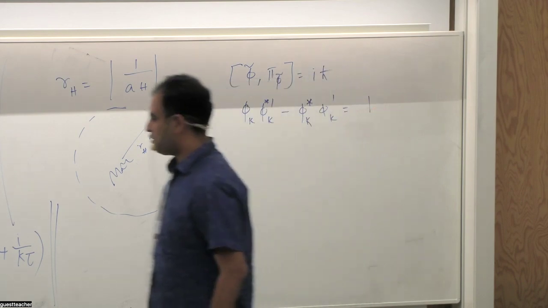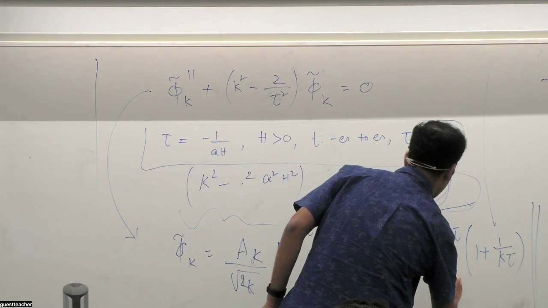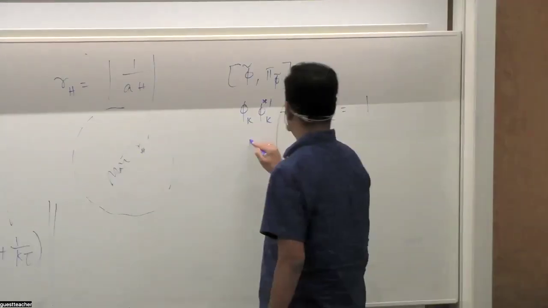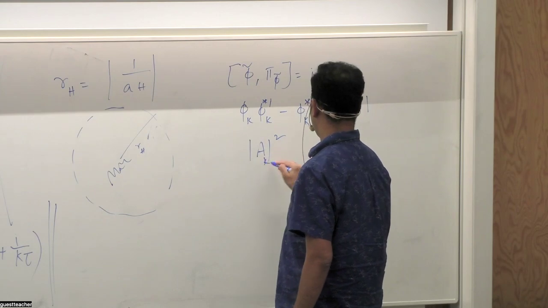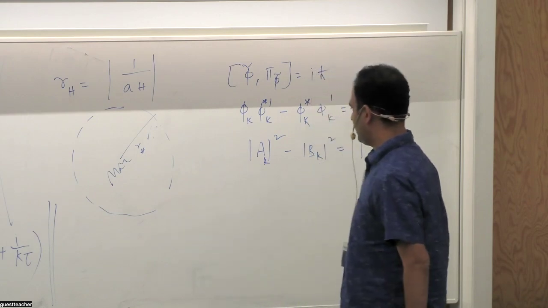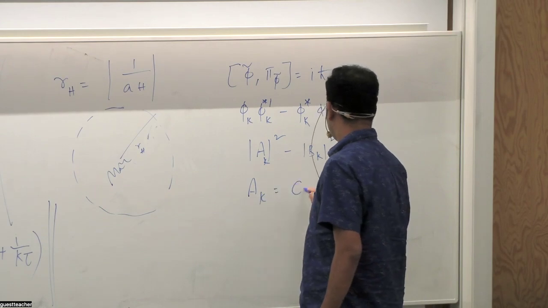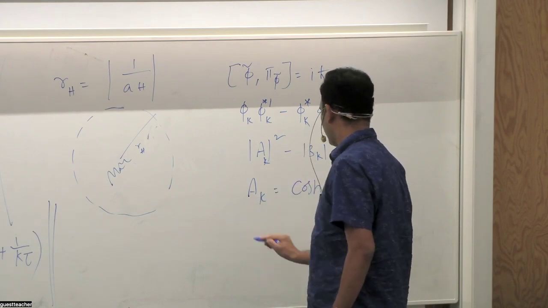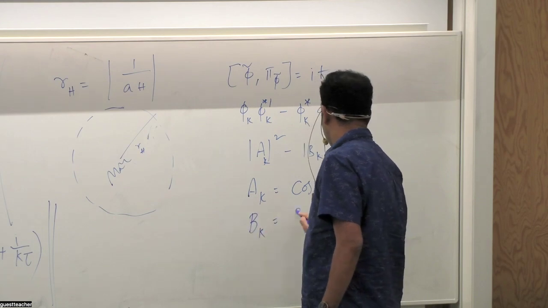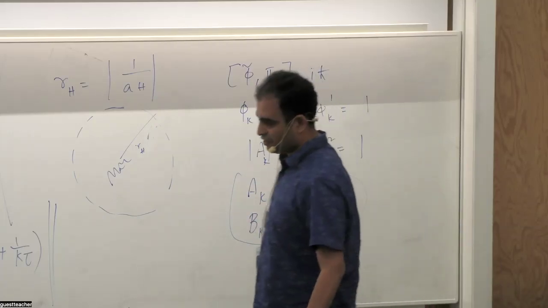Let me choose a coefficient, square root of 2k, for convenience, so that this is 1. This gives modulus of A squared minus modulus of B squared equal to 1. Solving this, you get A equal to cosh alpha and B equal to sinh alpha, and for any alpha you can satisfy this condition.